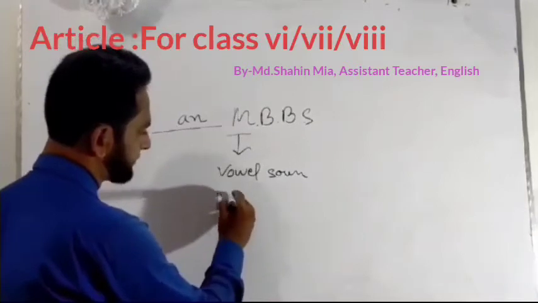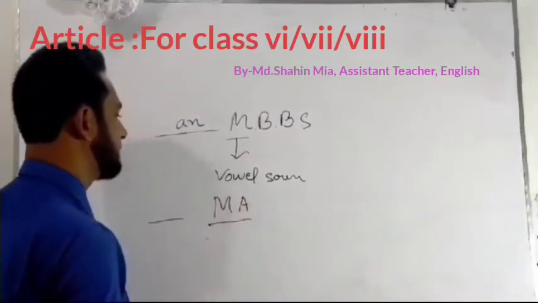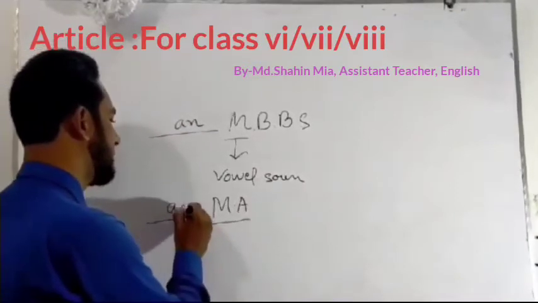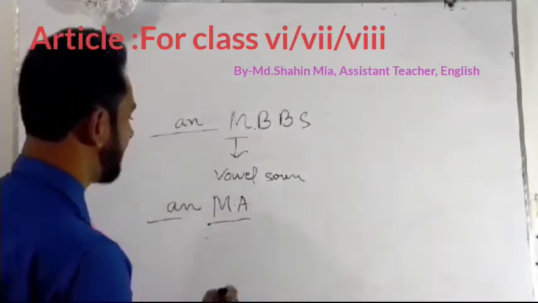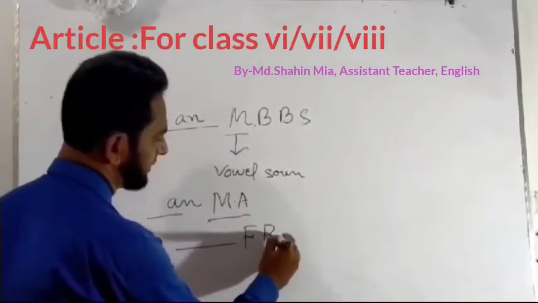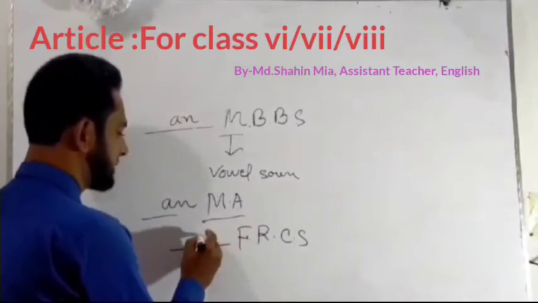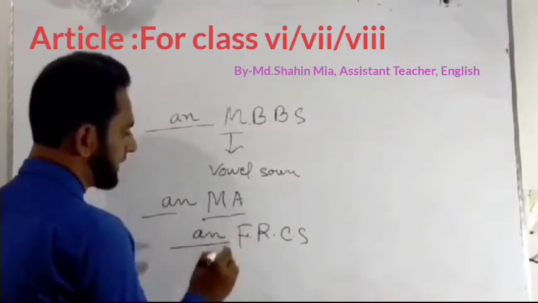MA is an abbreviation. Before the word we must use an. FRCS. So we must use an.